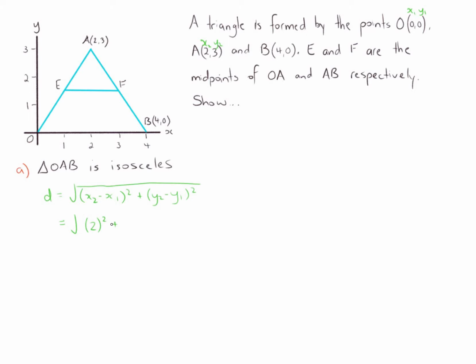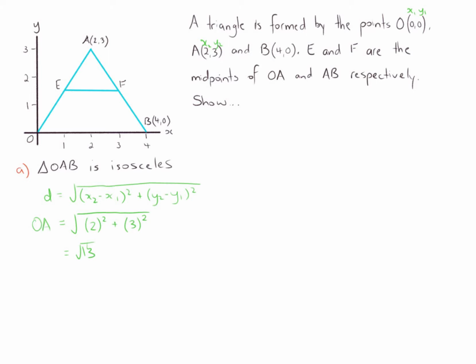And y2 take away y1, that's 3 take away 0. So that's just 3. 2 squared is 4, and 3 squared is 9. When we add those together, we get 13. So our distance OA is the square root of 13. So that was for distance OA.